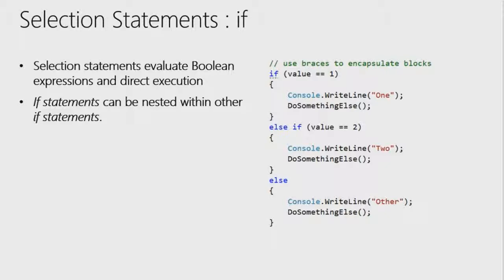Interesting thing about the C# compiler is it knows context and it will not allow you to do an assignment by accident.